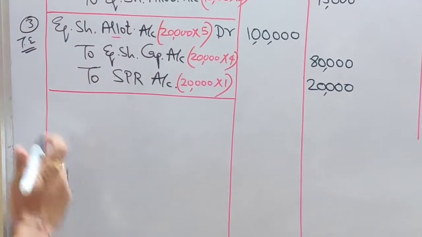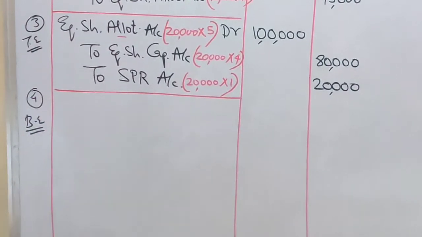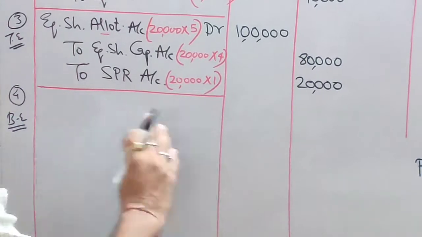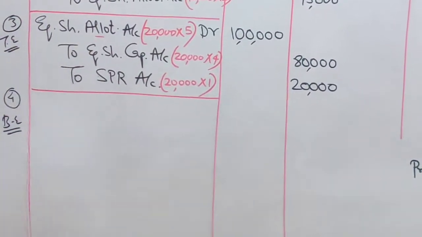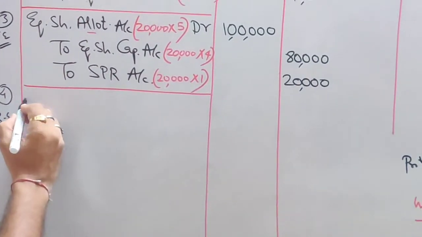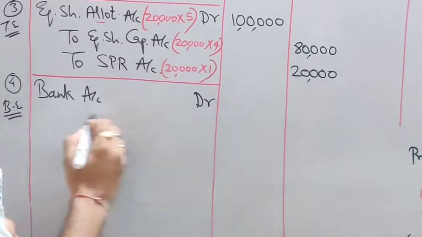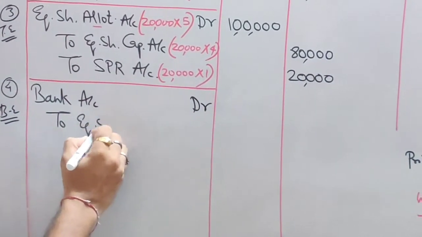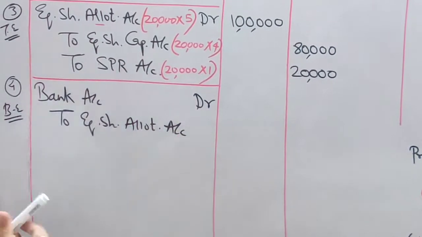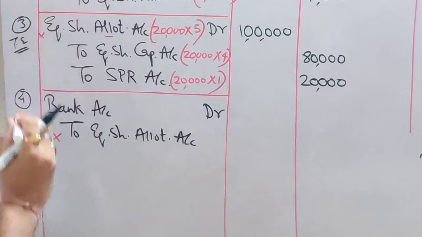Now students, pay attention. It's a very important entry. Bank entry. Now be careful with the bank entry. The entry is easy. In the calculation, be careful with the amount I am going to write. Now the bank entry is bank account debit to equity share allotment account. Now as you know, we want to cancel this allotment account.